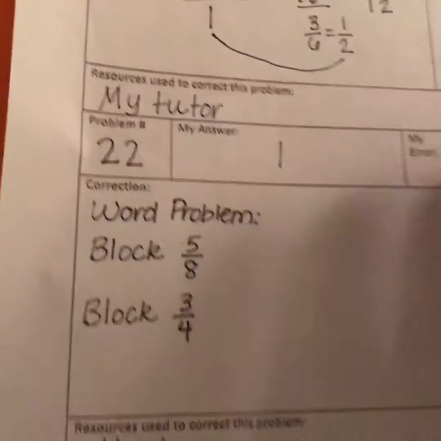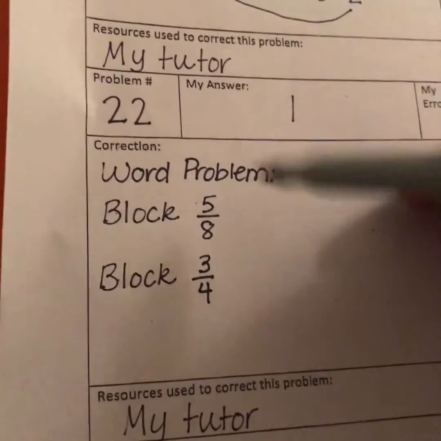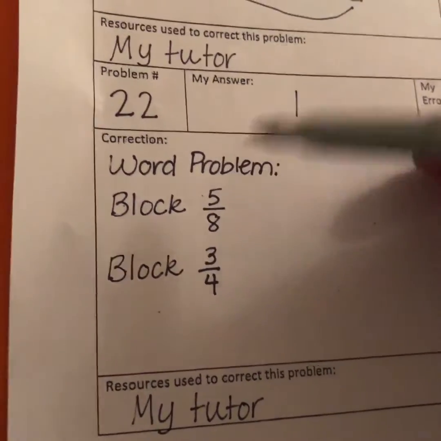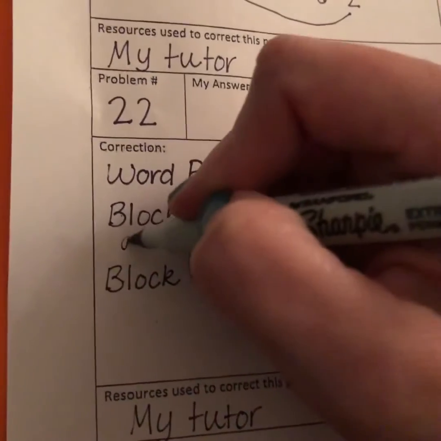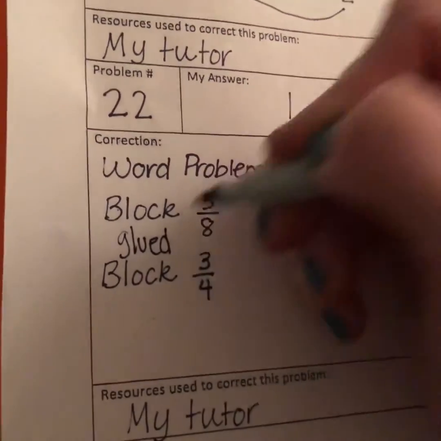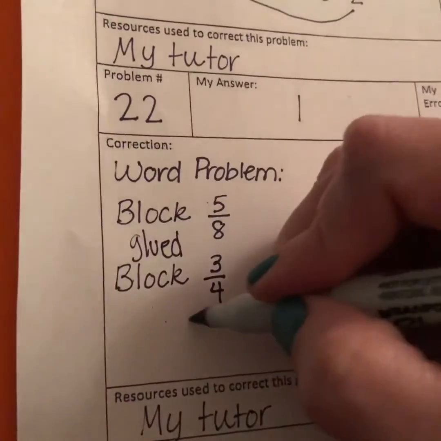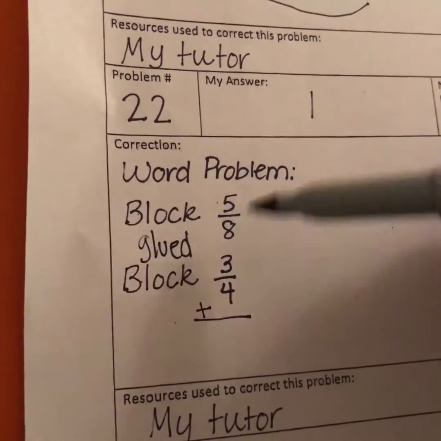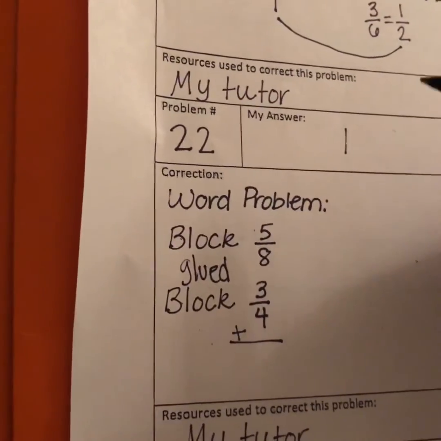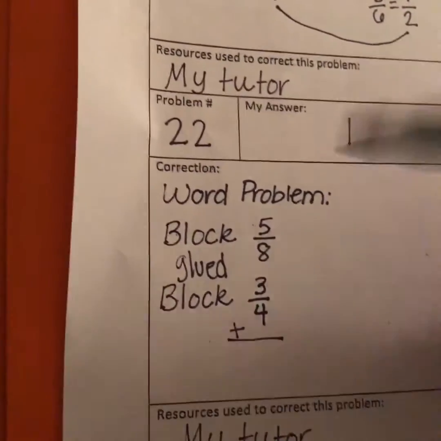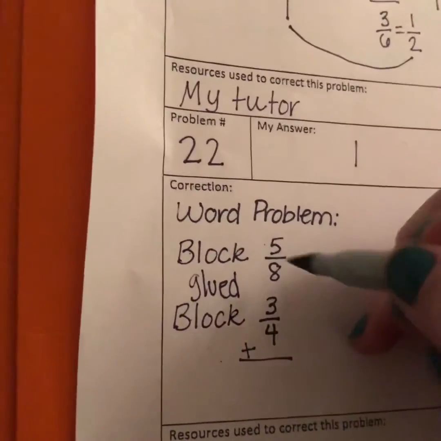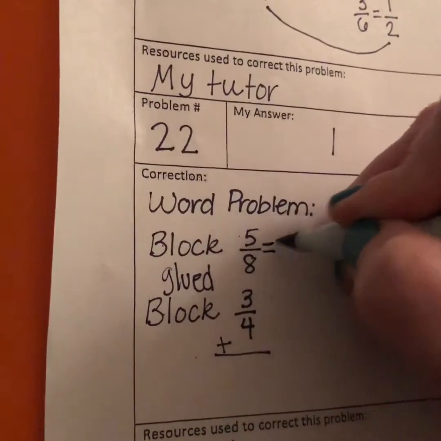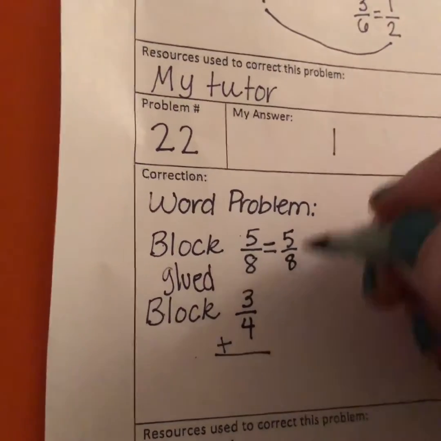Okay, number 22, last one, was a word problem, and I took out what we needed. So they had 2 blocks, and they glued them together. So that means that if we're gluing them together, we're going to add to see what the new thickness is, because I think it was saying how thick they were. So here we're going to keep this as 5/8. So our least common denominator is 8.